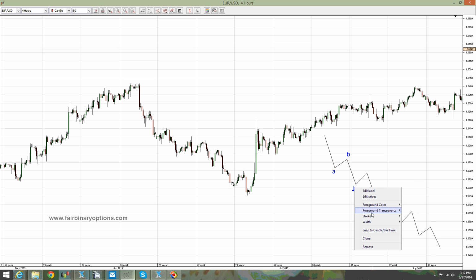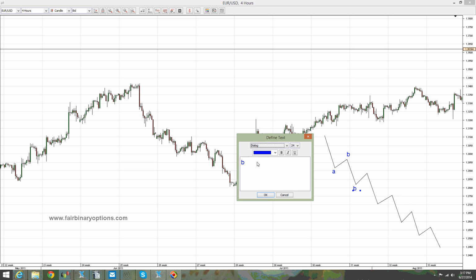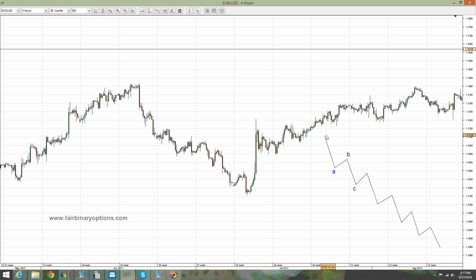And just like that, we have an ABC. The ABC is the zigzag, and both waves A and C are a 5-wave structure or an impulsive move, while the B wave is mandatory not to retrace more than 61.8 when compared with the previous wave A, and is mandatory to be a corrective wave. Of course, either a triangle or another zigzag or a flat or a combination of the two.